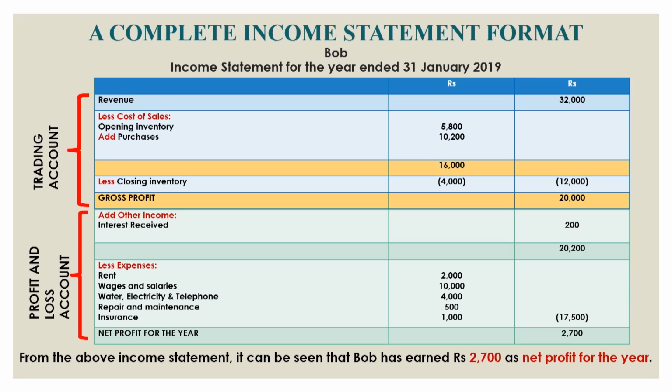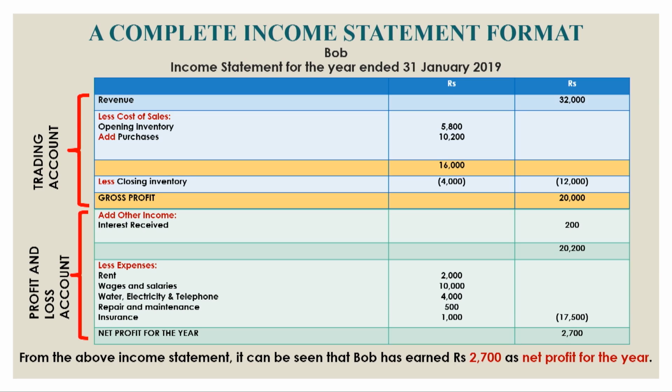Again, the closing inventory and the total cost of sales figures need to be put into brackets as they must be deducted. This gives a gross profit of 20,000 rupees. Remember, after the gross profit, we have to add other incomes. In this case, there is interest received of 200 rupees. This gives a total of 20,200 rupees in the third column.